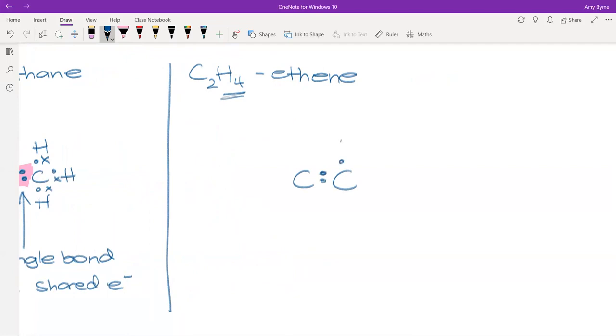So let's say, okay, each of those carbons should have 2 hydrogens attached. But these carbons now have 1 electron each left over.